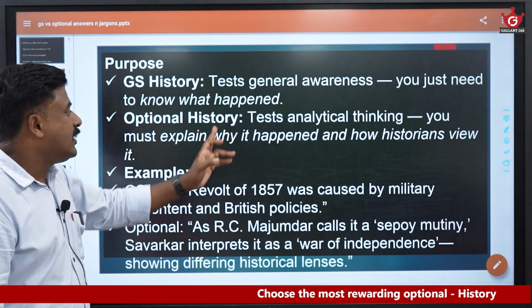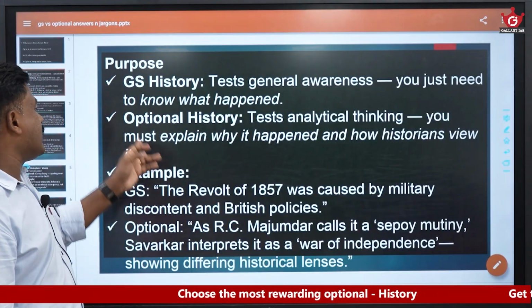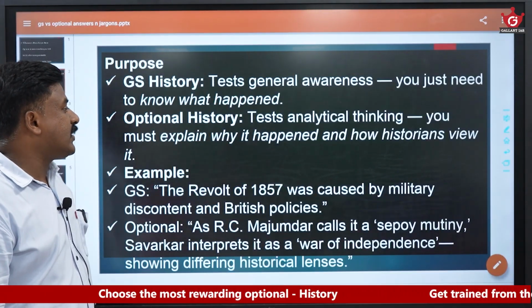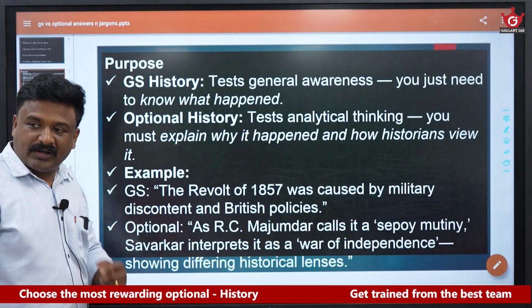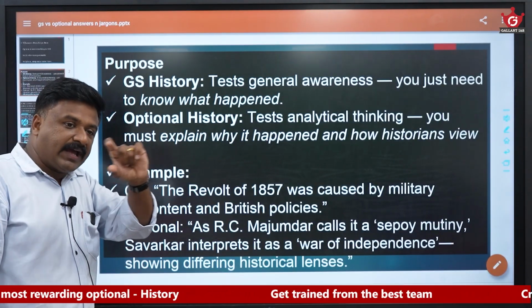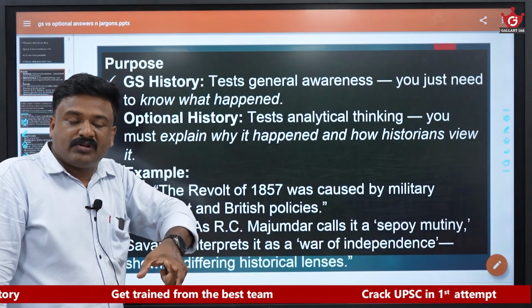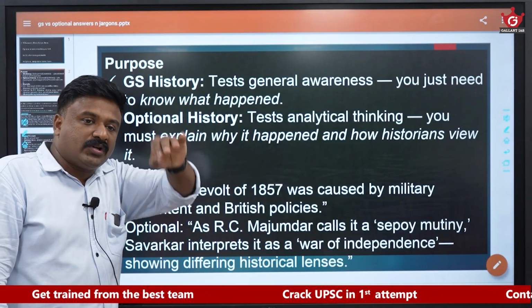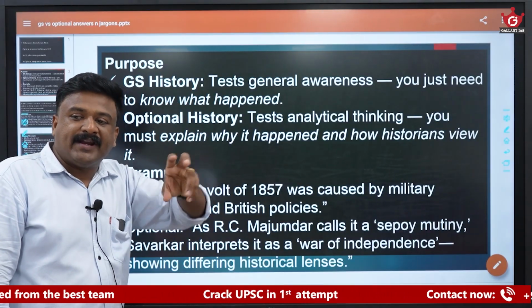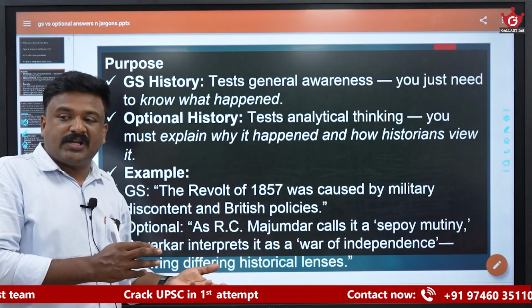But optional history tests analytical thinking. You must explain why it happened, how historians view it. You understood now? Anything, for example, the character of the 1857 revolt. When you say the character of the 1857 revolt, in a few points you can just define this character for a GS answer.